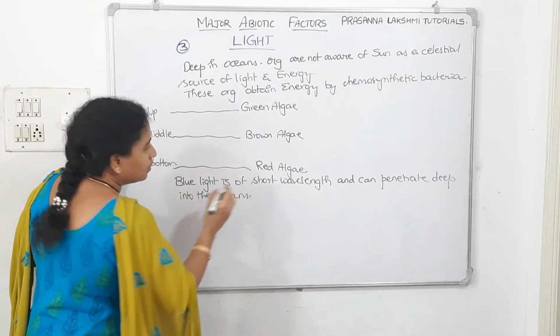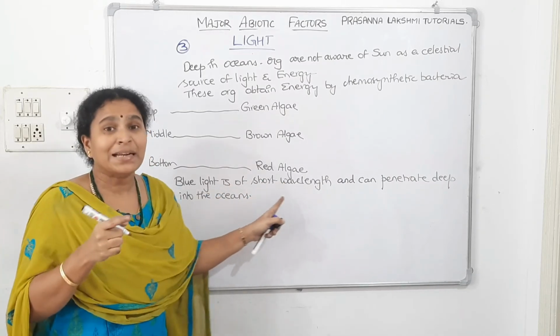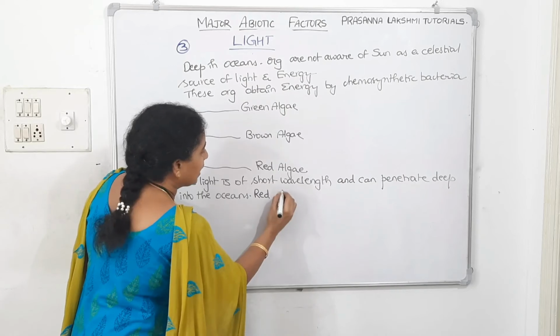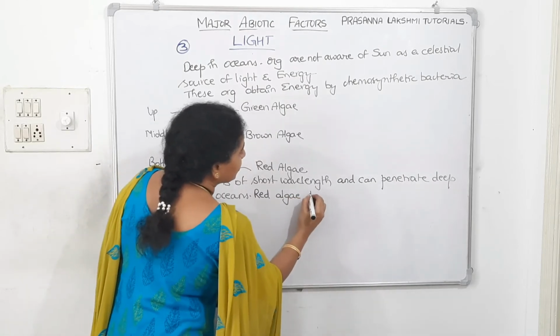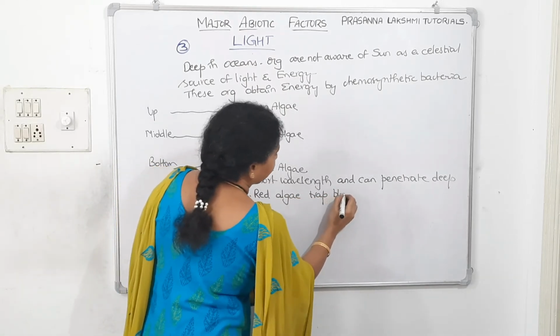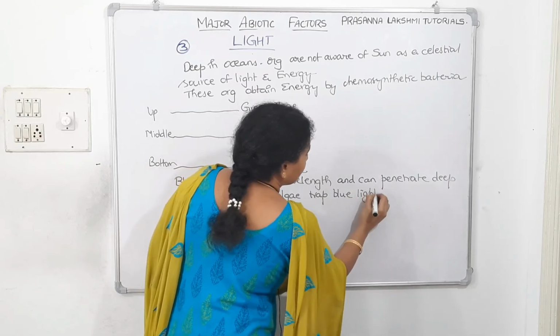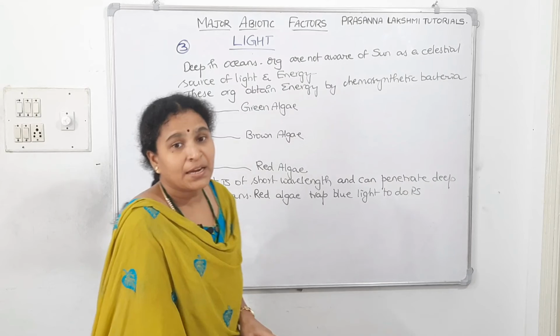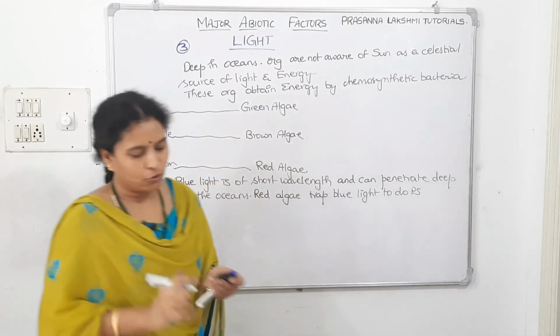So red algae can trap this blue light to do photosynthesis. Red algae trap blue light to do photosynthesis.